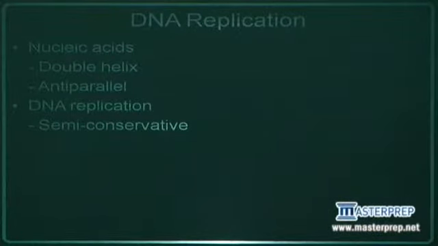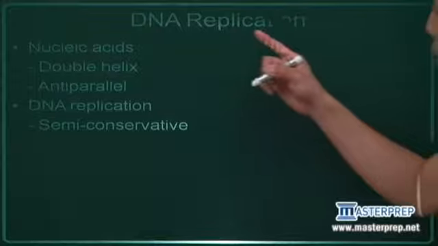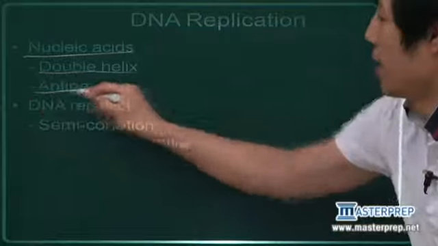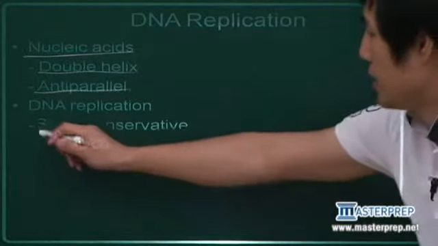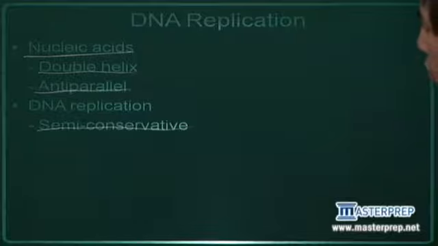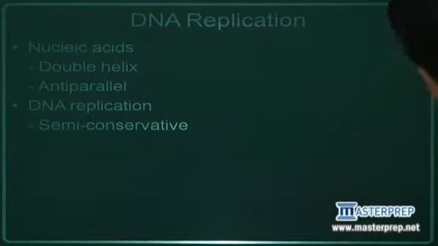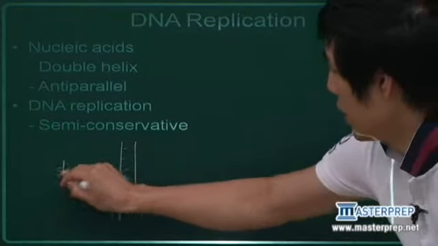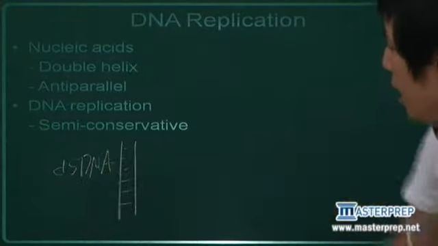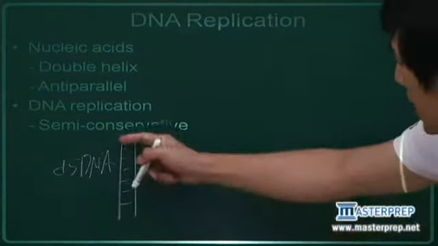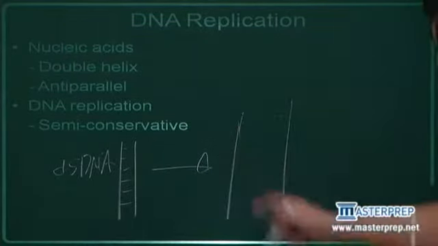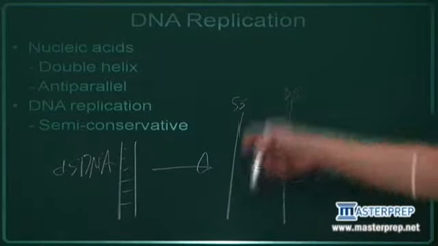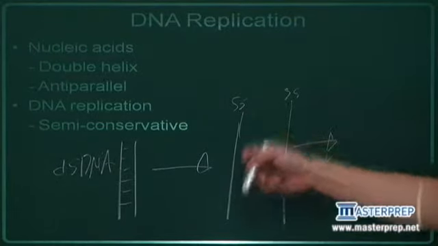Okay, so if you wrap up and summarize all the characteristics of the nucleic acid, the 2 most important things are double helix and anti-parallel. For the DNA replication, it is semi-conservative. I believe you all know what it means. When there's one double-stranded DNA, during DNA replication you basically split it into two single strands, and then you do the DNA synthesis, polymerization, right?